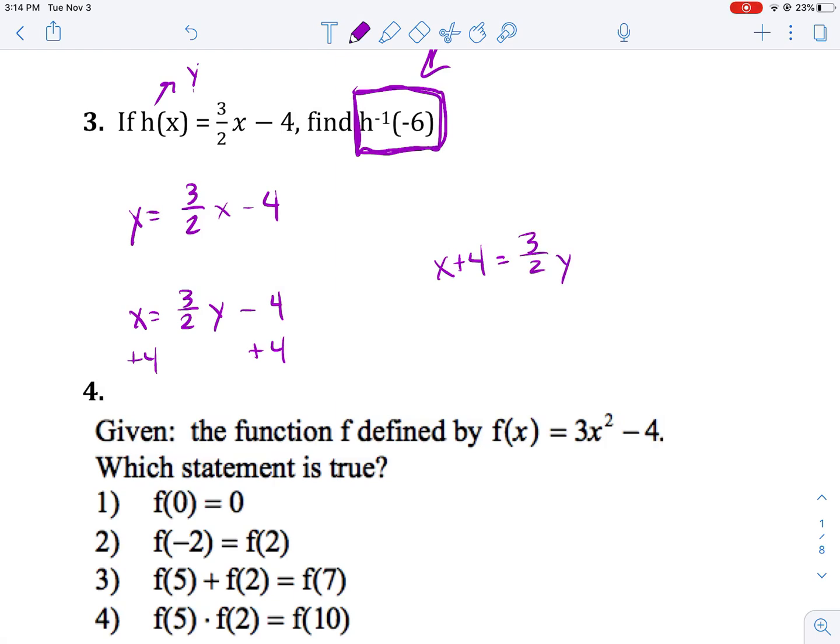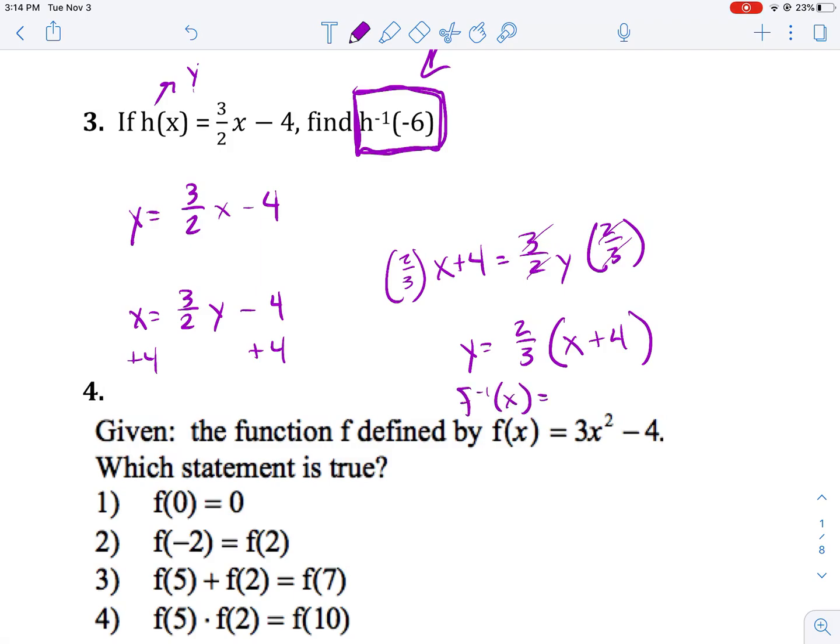I'm going to multiply by its multiplicative inverse. Cancels over here. And so my answer is y is equal to 2/3 x plus 4. It doesn't tell us to leave it in any specific form, so that one's good. And so let me finally change it. So it's going to be f of negative 1 of x is equal to 2/3 x plus 4.